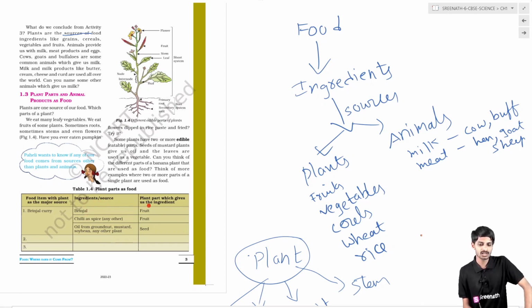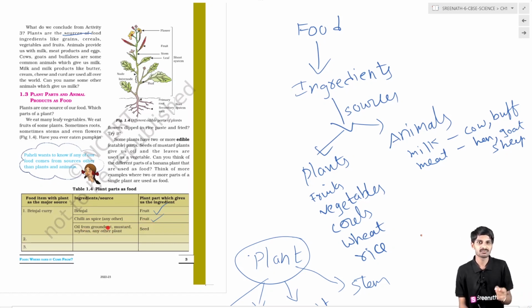Now we have to mention which part of the plant we are using as ingredient. Brinjal is from which part of the brinjal plant? It is from the fruit. We get brinjal as a fruit from the brinjal plant. And chili, we also get as a fruit, from the chili plant.